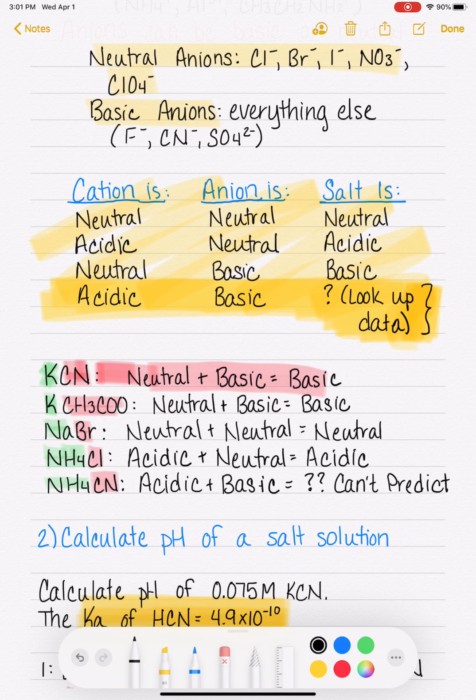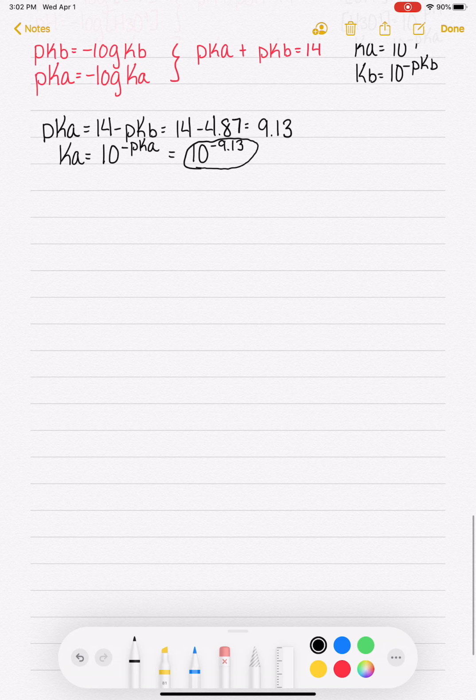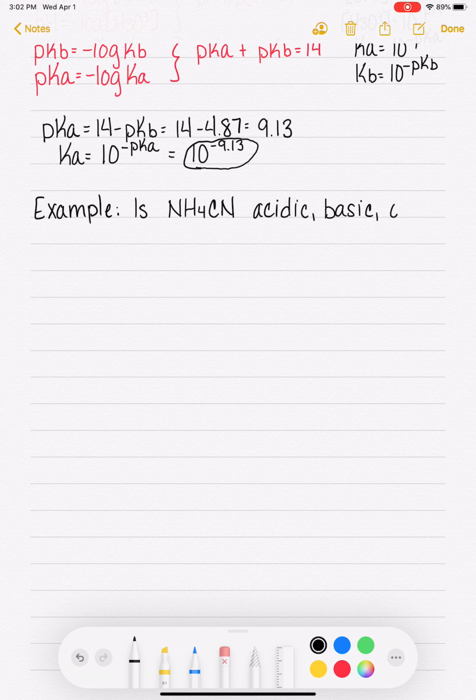So let's take a look at how we would go about doing that if that was a situation that we were in. Here's the problem that we're going to look at. Here's our example. Is NH4CN acidic, basic, or neutral?